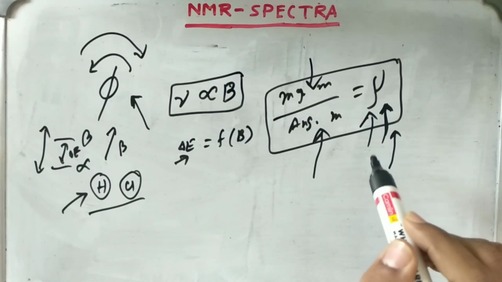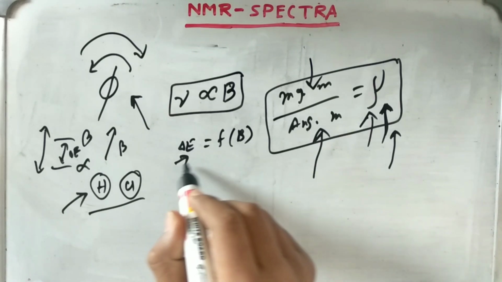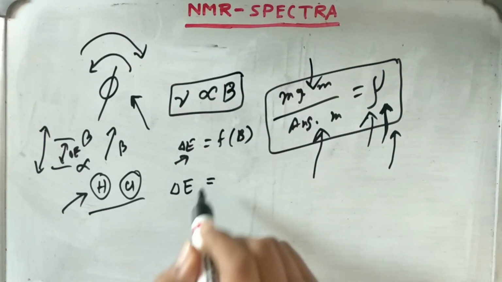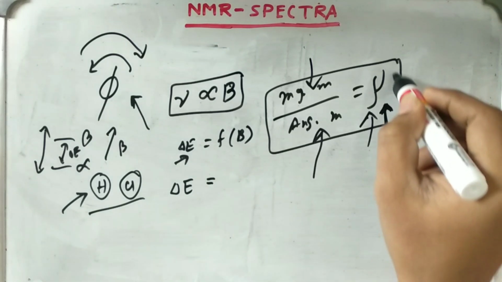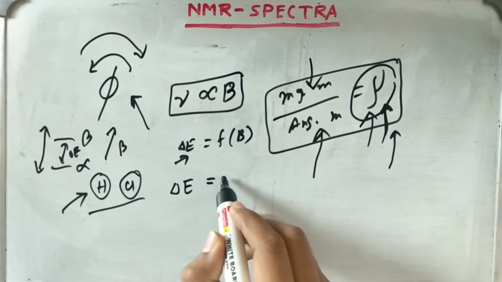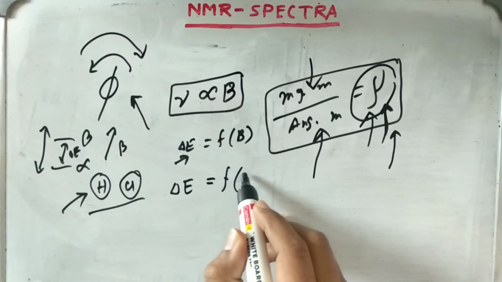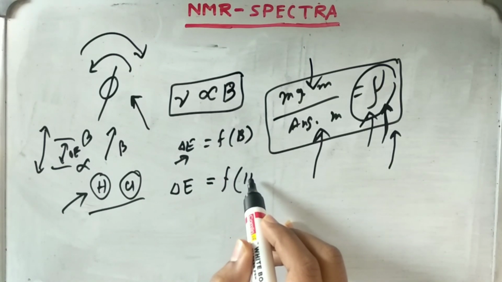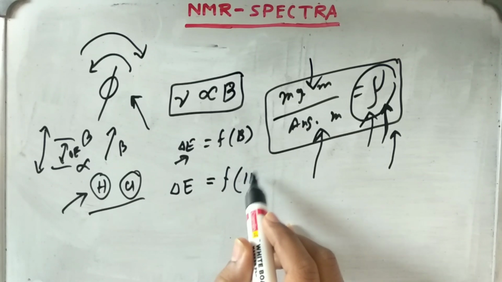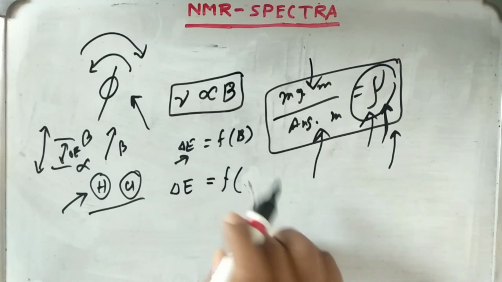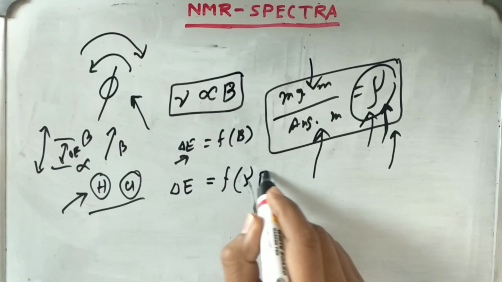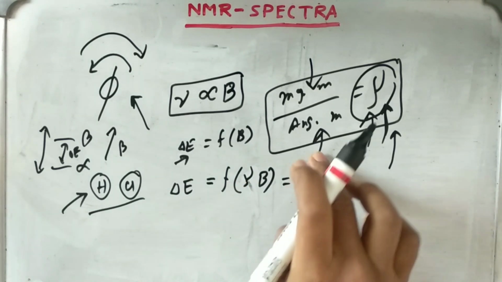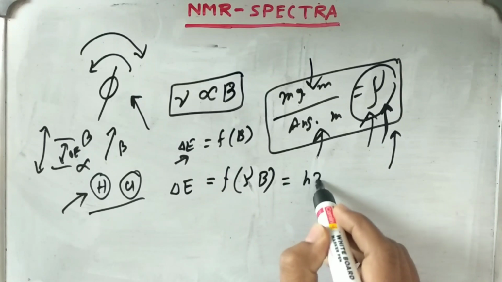So this energy difference delta E is of course dependent on this. It is a function of B, and the magnetogyric ratio is being added, and of course B. And delta E, you know from Planck's equation, is delta E equals h nu.